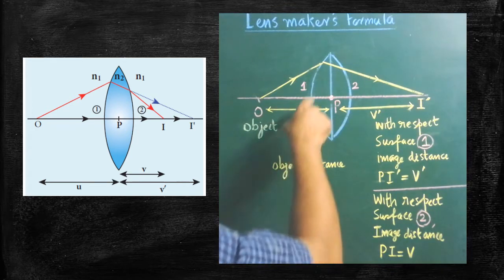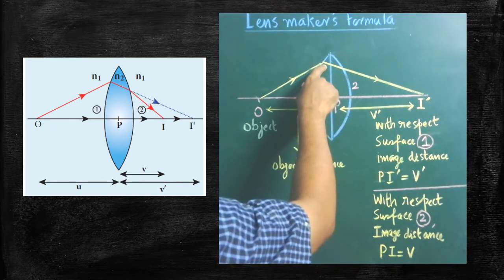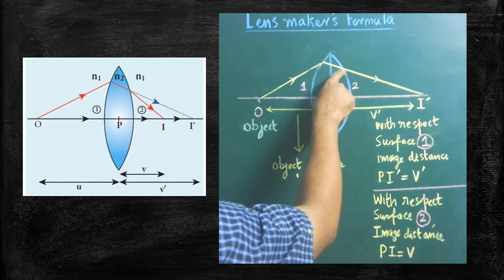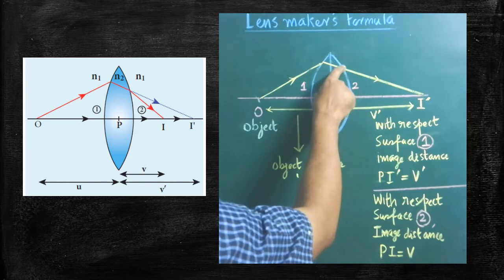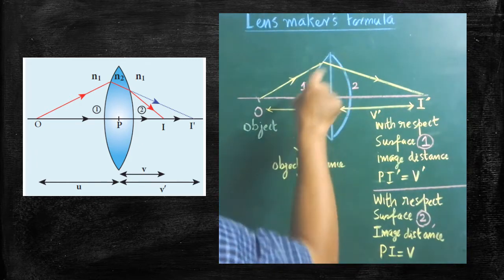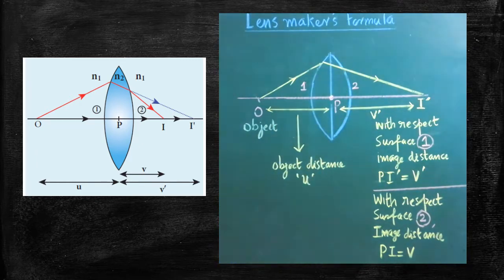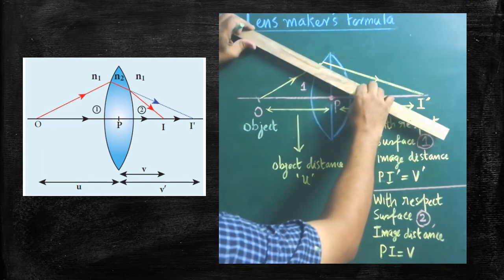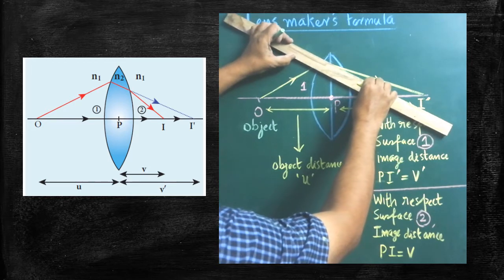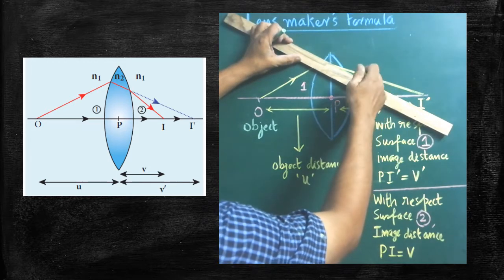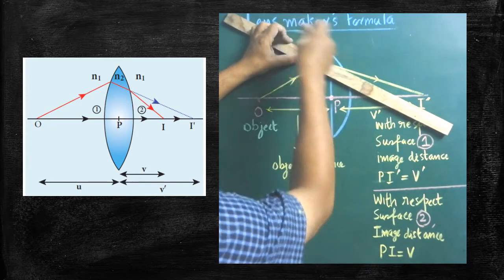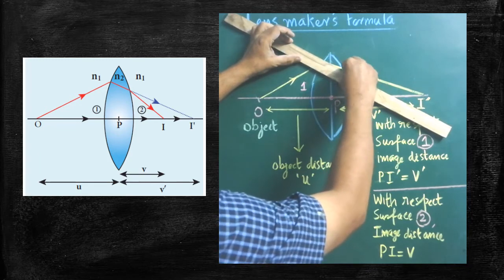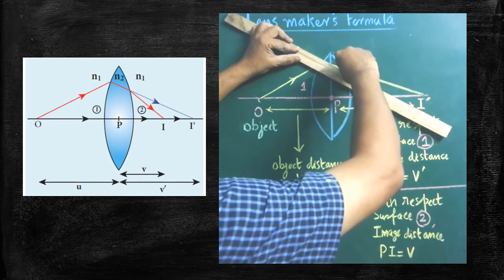Now, if the same ray, after getting refracted, happens to fall on the second surface, what will happen? The same ray will get refracted with respect to the second surface, and I am going to draw the refracted ray. Look at that. Here I am going to draw the refracted ray for the second surface. If it gets refracted on the second surface, what will happen?